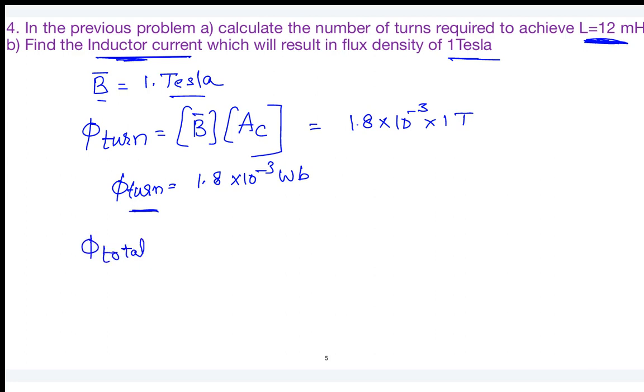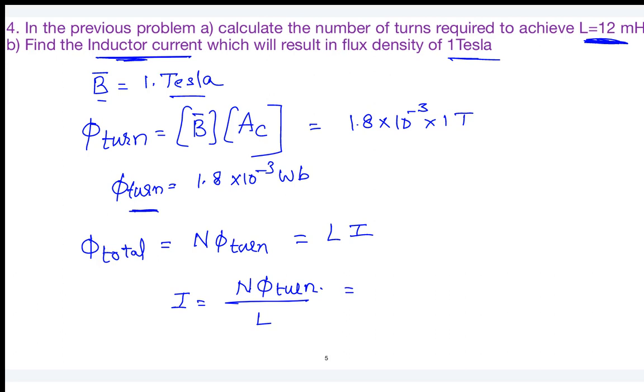The total flux is equal to N into the flux per each turn. And you know that the total flux is nothing but the inductance into I. So I can say the value of I is equal to N into the flux per each turn divided by L. All the values are given, so you can substitute.